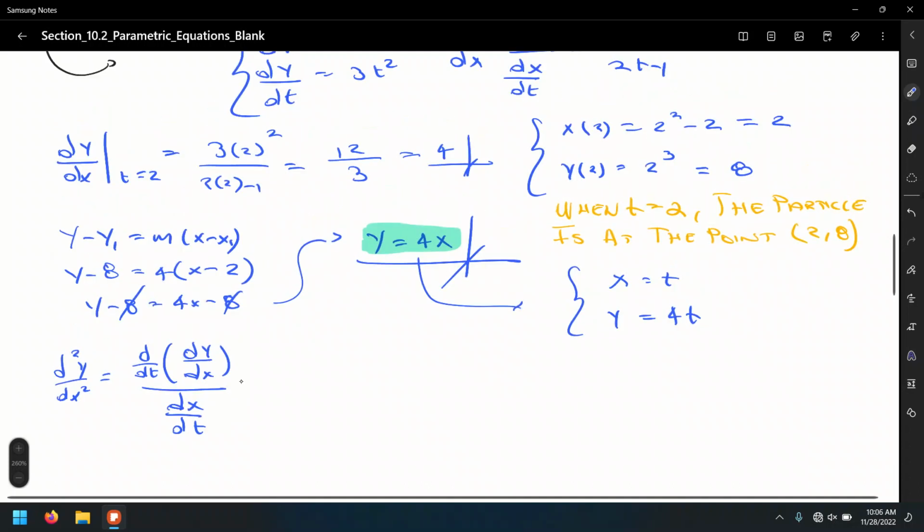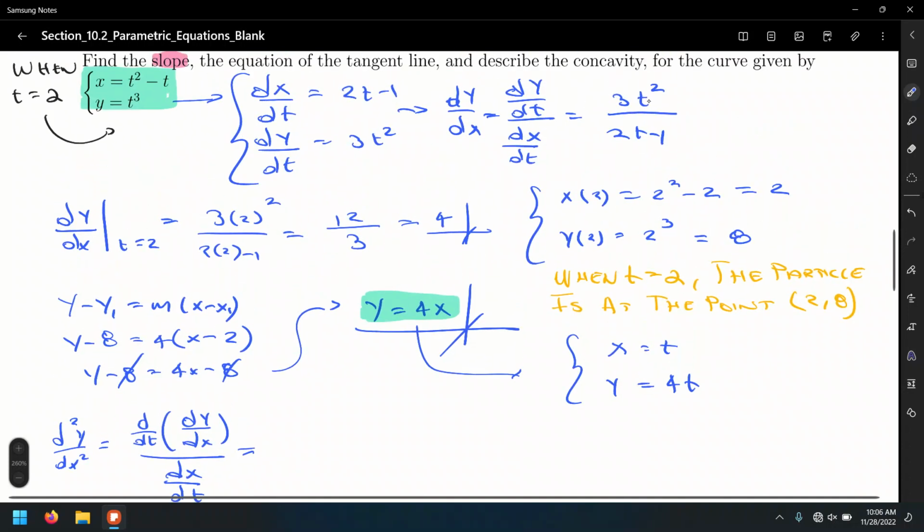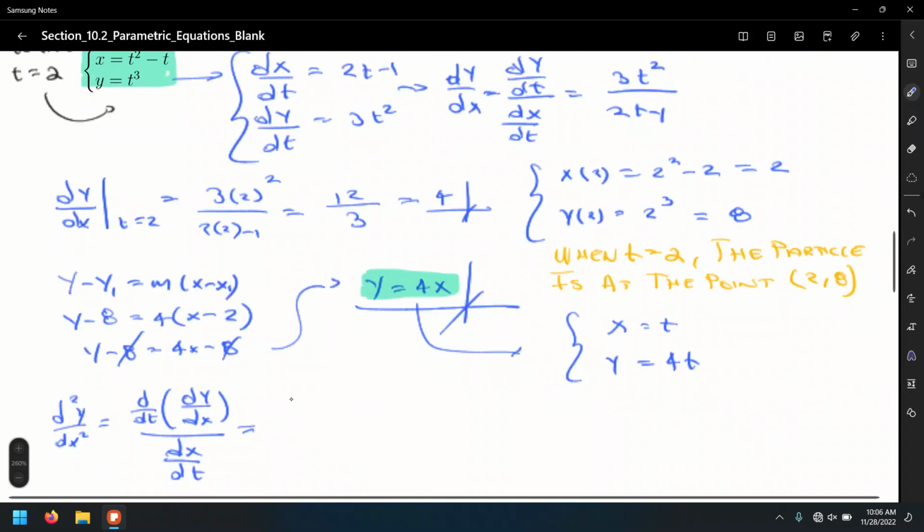So let's see. dy dx, which for us is the quantity 3t squared over 2t minus 1. So that's the derivative with respect to t of 3t squared over 2t minus 1, divided by dx dt, which is again 2t minus 1.